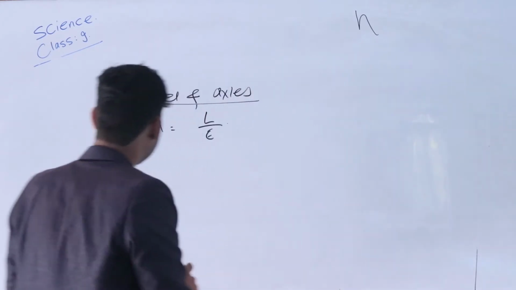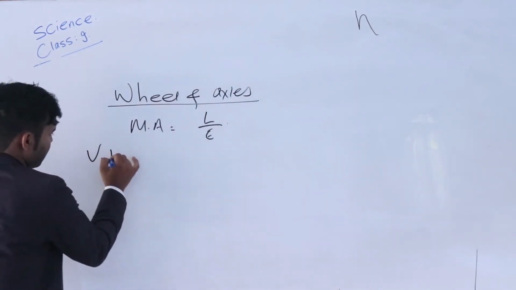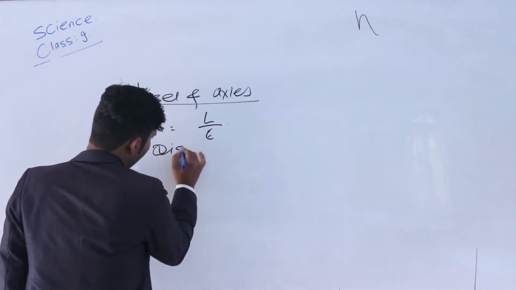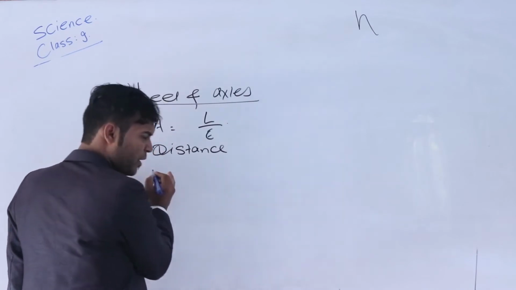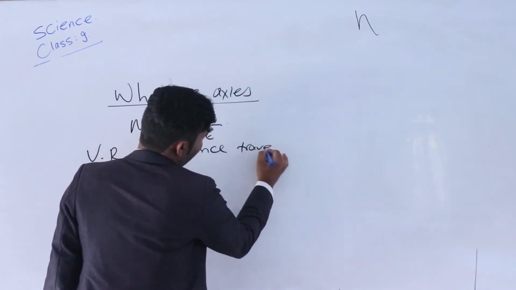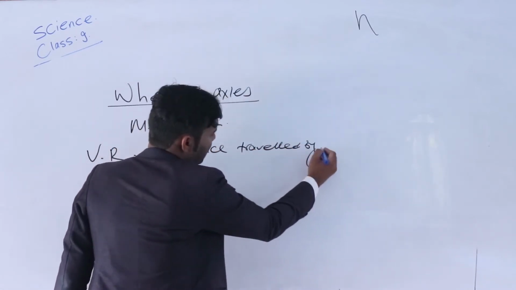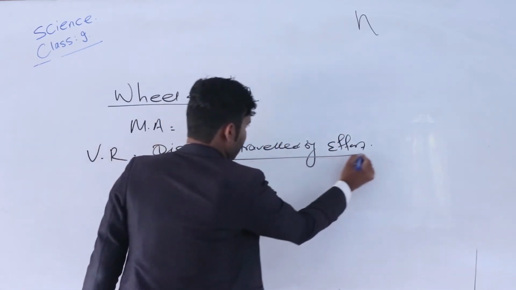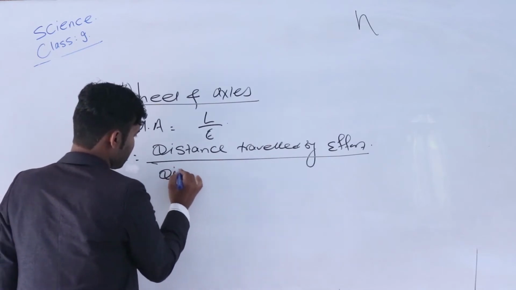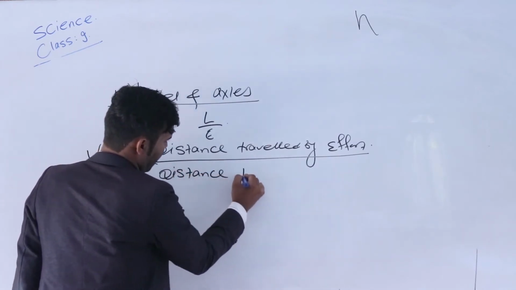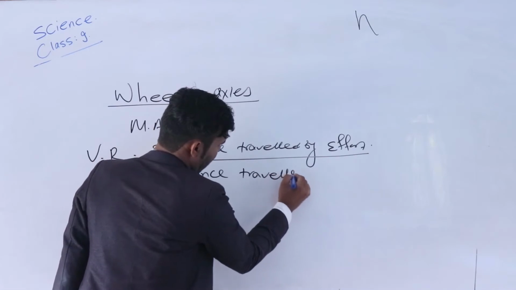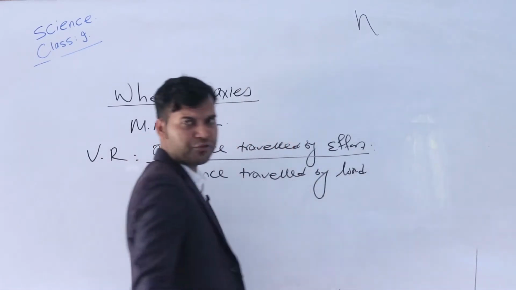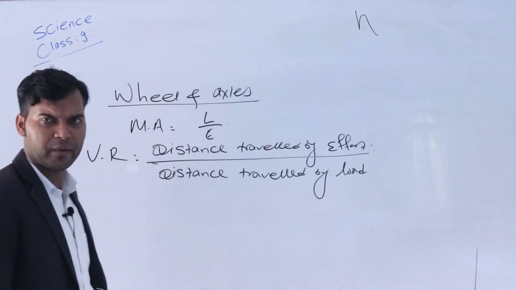VR means distance traveled by the effort upon distance traveled by the load. Our general formula is distance traveled by effort upon distance traveled by load.